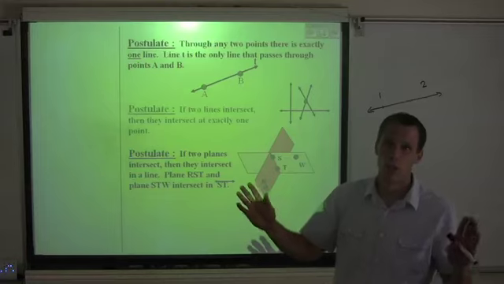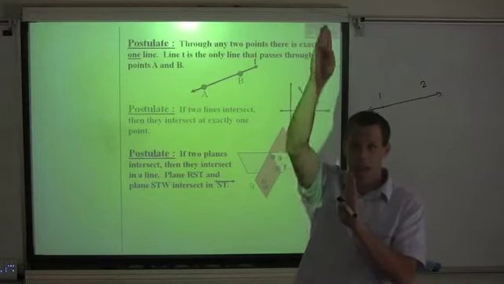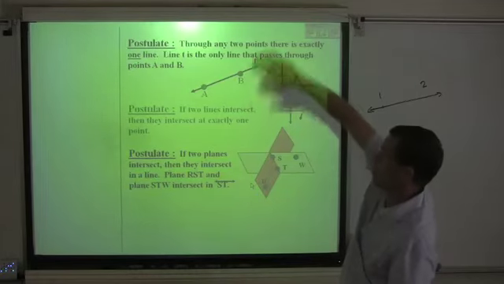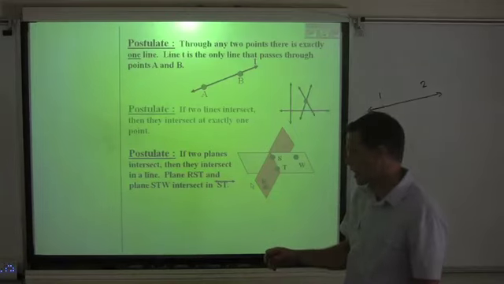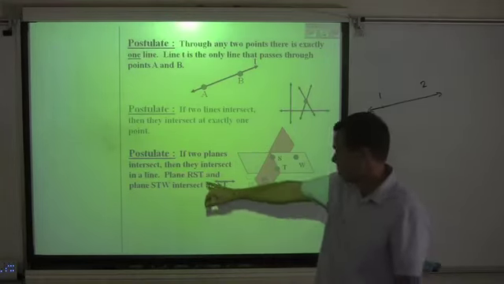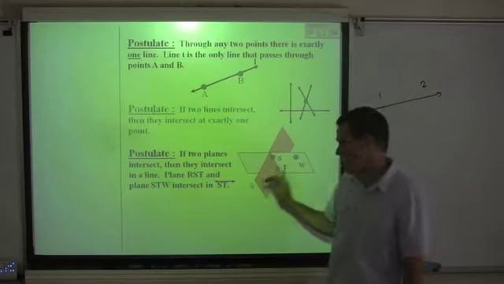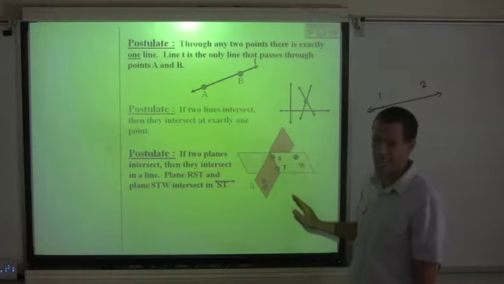Try to think of when 2 walls come together in a room, they form the corner of the room. That corner is a line. As the ceiling is met by the front wall, they form a line. When planes intersect, they form lines. Plane RST, the red, and plane STW, the gray, intersect at line ST.